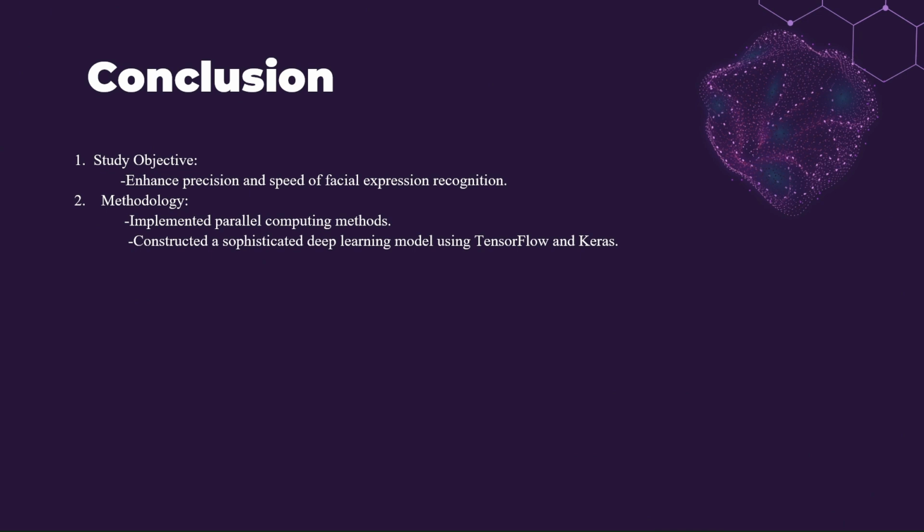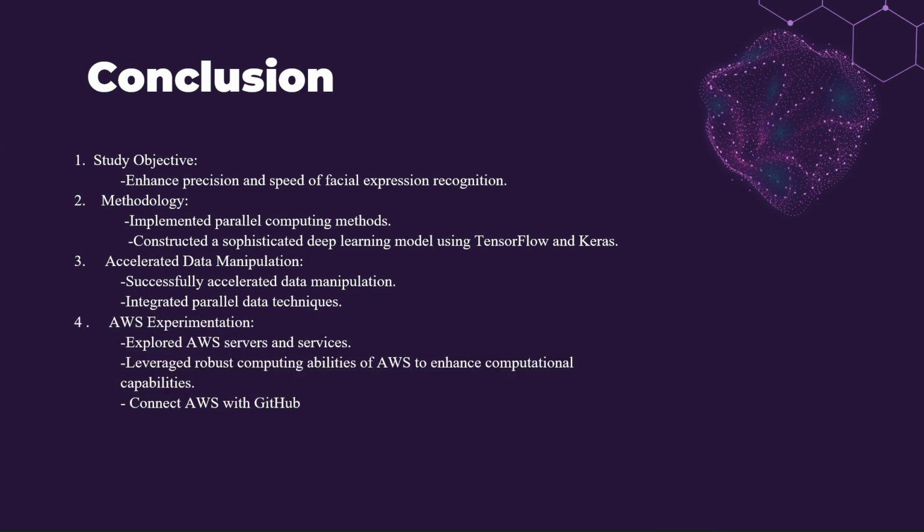And we successfully accelerated the data manipulation through the integration of parallel data processing techniques. Furthermore, we took the chance to try out AWS servers and services using their powerful computing abilities to improve our computational power, and how to connect AWS with GitHub.